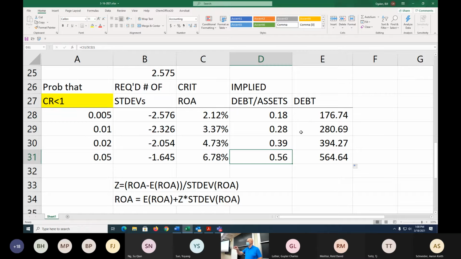So debt plus equity is an identity with assets, isn't it? You have negative equity if that's the way you are. So just got to be careful. You can't take these numbers without seeing the practicality of what you're finding.